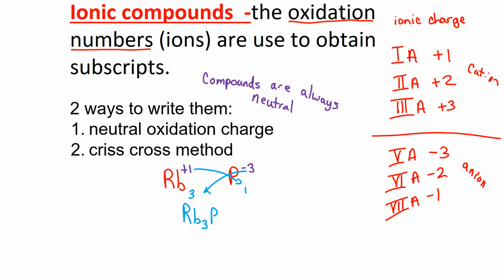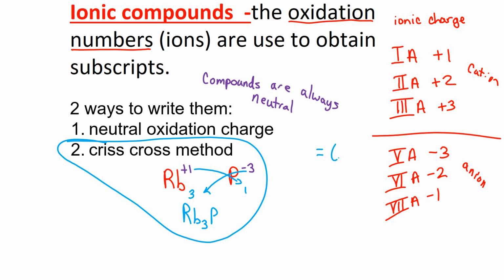now, how do I know that this works? The method that I just showed you is the crisscross method. How do I know that this works? It's because I can look at this algebraically.